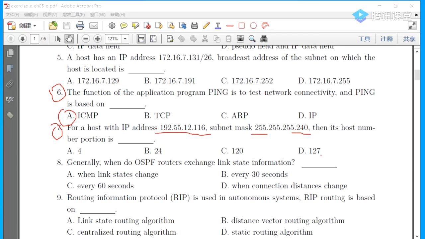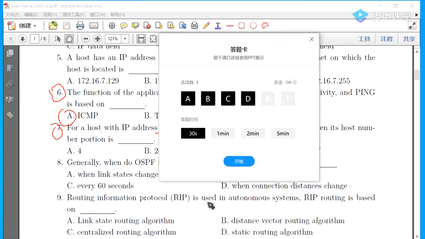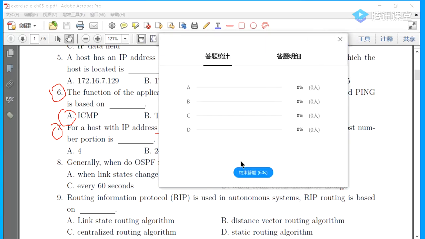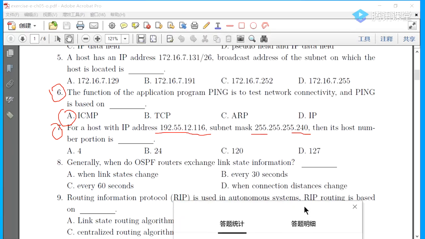Then its host number portion is, which one is the answer? Question 7.